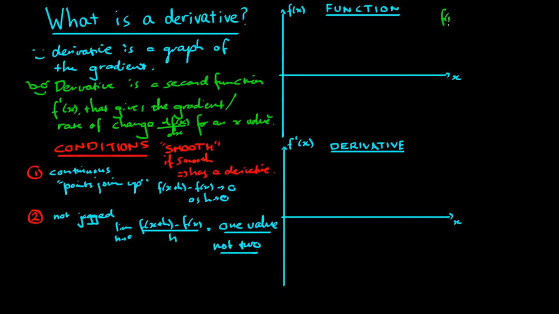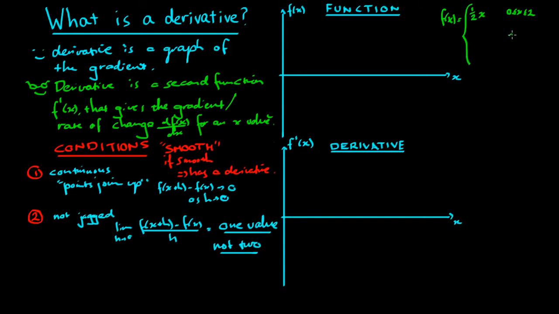f of x is equal to. Now when I do this sign here, it's saying it's a hybrid function, so it's going to have different rules at different points. So the first thing I'll say is between the points 0 and 2, it's going to obey the rule f of x is equal to a half x. If this is the first time you've encountered hybrid functions, keep watching and it'll all be explained.